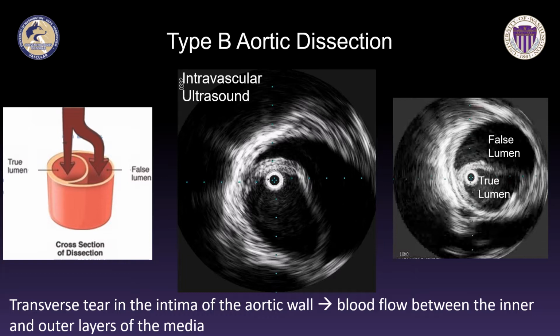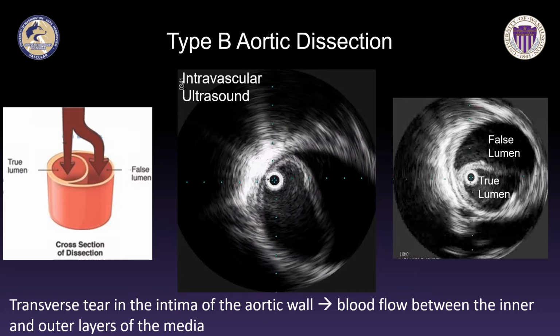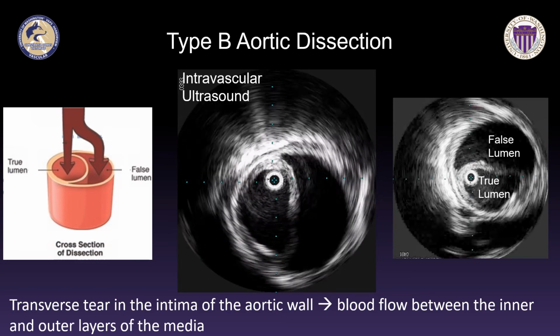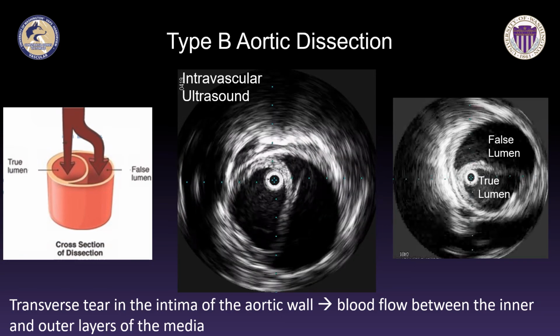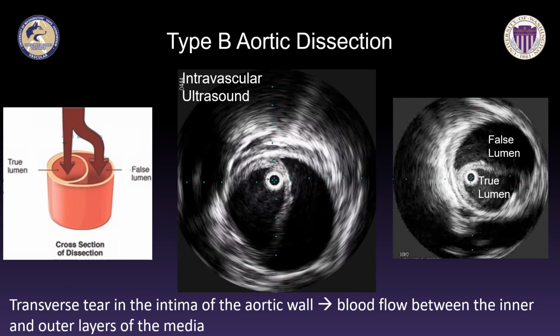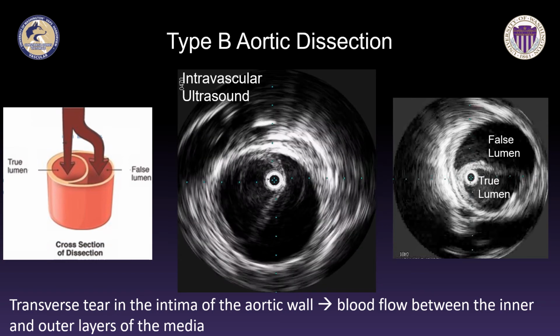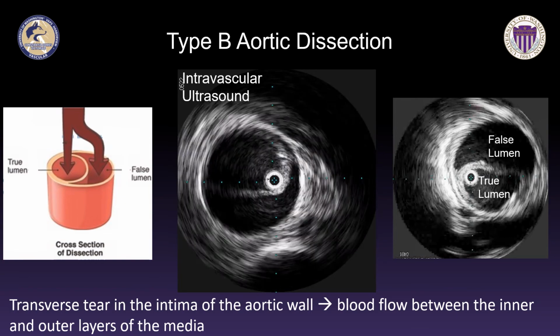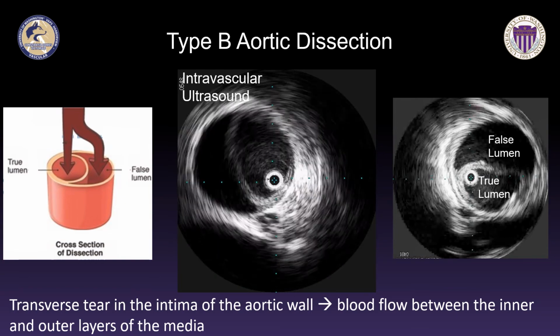If you follow my arrow here, you'll see the true lumen and then the false lumen. Please note how mobile this septum is here in the acute phase of a dissection. You can see that the intravascular ultrasound probe is inside the true lumen, and as we move along the aorta, you can see the septum moving along the way.